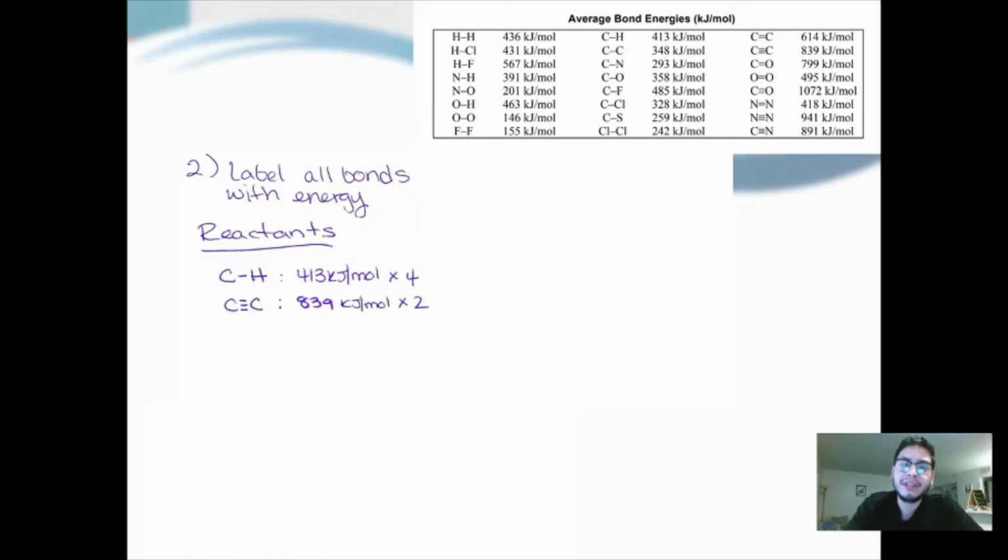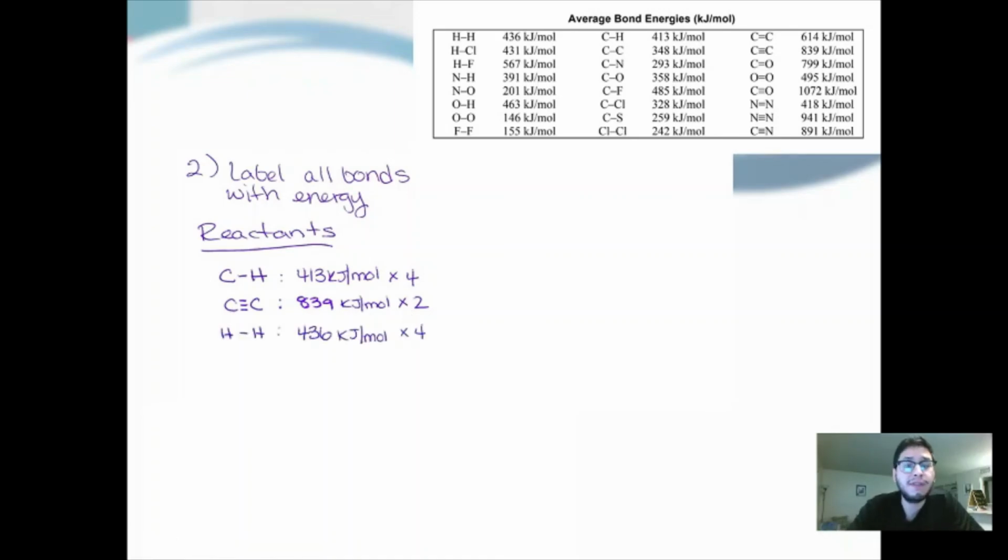I also have a triple bonded C. So I have to look at this third column where I have all of my double and triple bonds. This is a C triple bond C, and it has a value of 839 kilojoules. But because I have 2 moles of C2H2, that means I'm going to have 2 bonds of C triple bond C. And so that's why I multiplied the 839 value times 2.